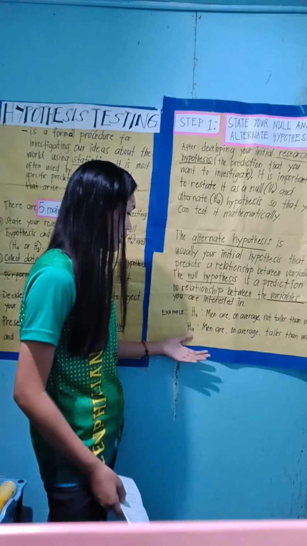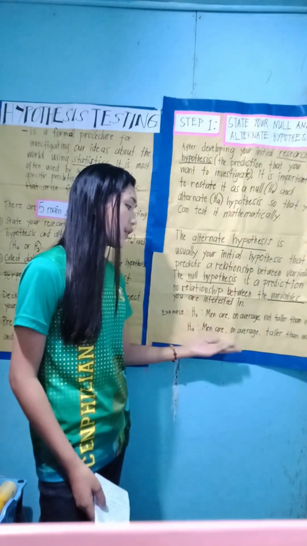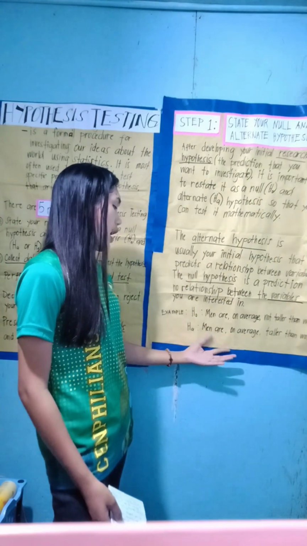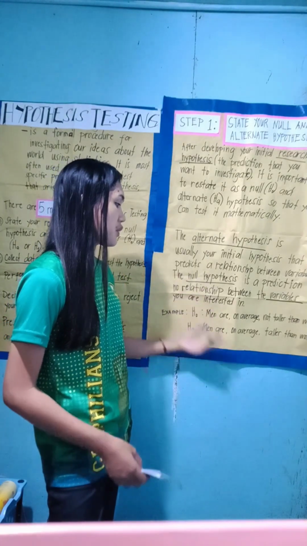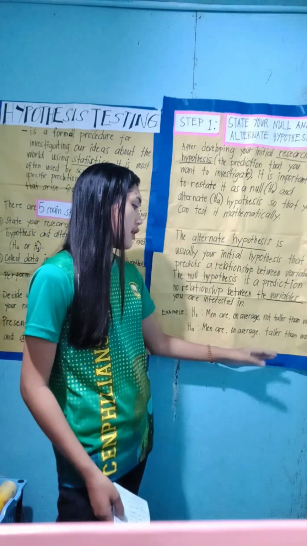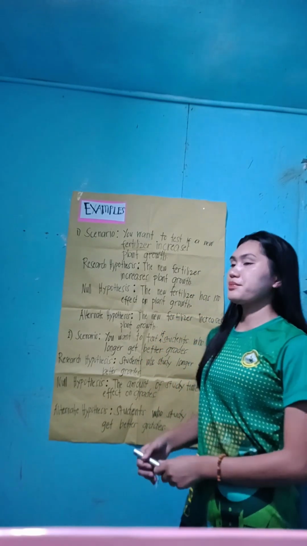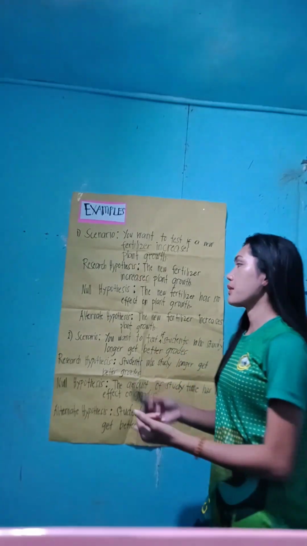And in the alternate hypothesis, men are on average taller than women. So meaning, when we see alternate hypothesis, there is a relationship between the variables, which is being taller than women. So we have here other examples of our research hypothesis, where we discuss the null hypothesis and alternate hypothesis.